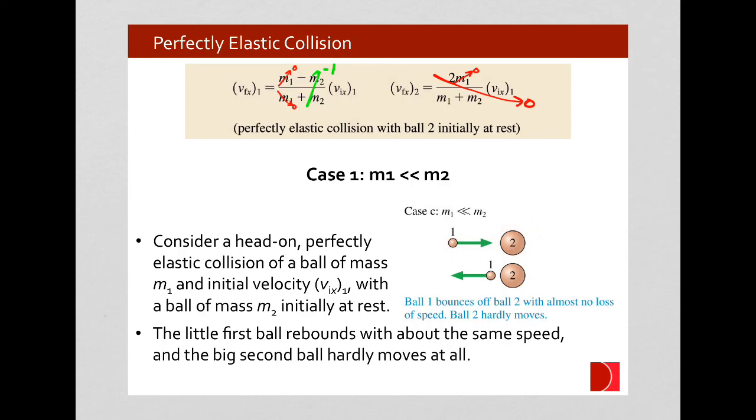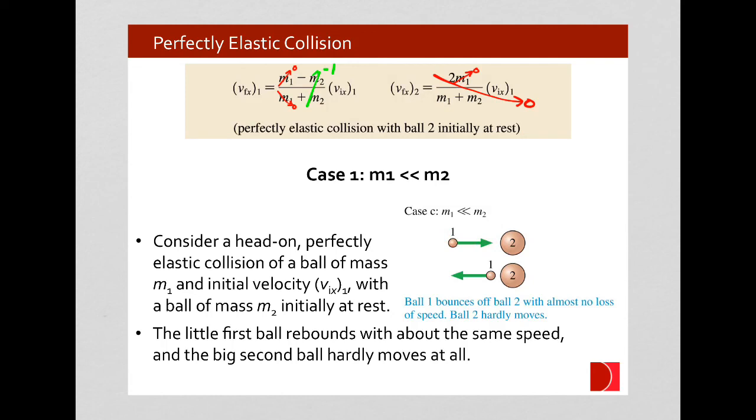After the collision, the large object basically doesn't move, and the smaller object bounces off in the opposite direction. This is a situation where, for example, you're dropping a tennis ball against the ground. The tennis ball is colliding with the earth, but the earth is so much bigger that the earth basically doesn't move, and the tennis ball bounces off from going straight down to going straight up.